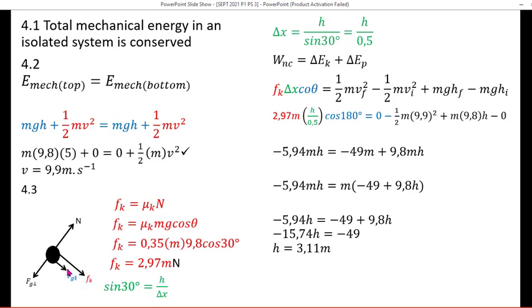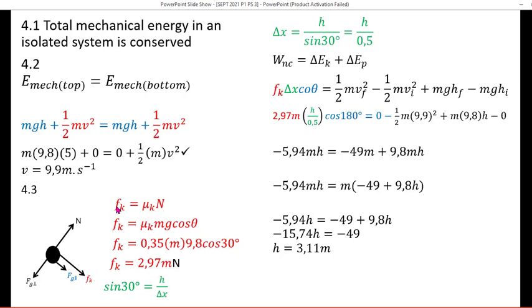Then we have the gravitational force acting, we have the parallel component, and then the perpendicular component, and then we have the normal force also. Let's remember that the applied force was not there because this thing was sliding. There was no applied force on it. So we have this diagram, which means that the non-conservative force that we have to concern ourselves about is the frictional force, and then we find the magnitude of it.